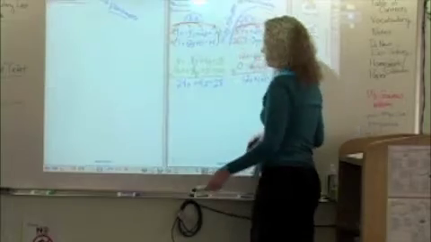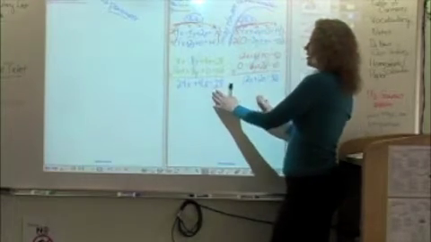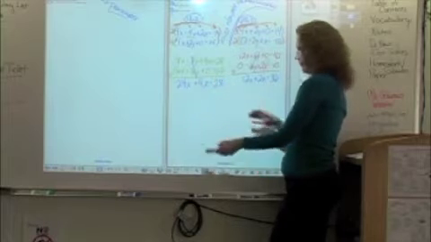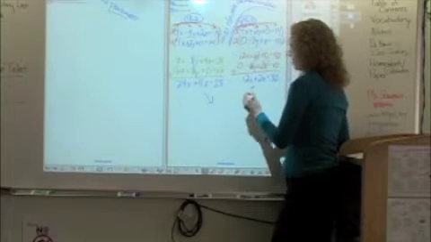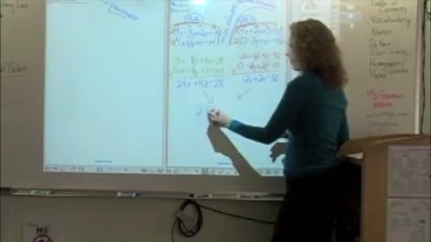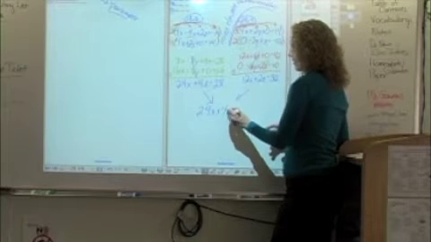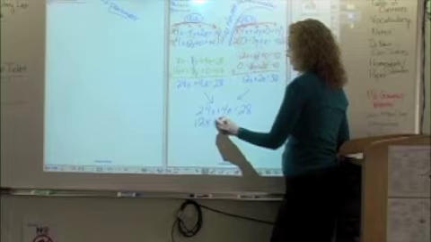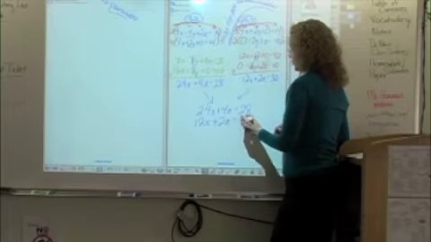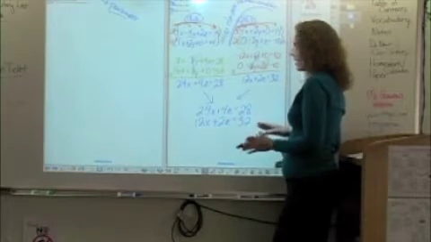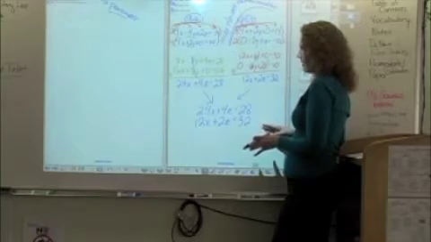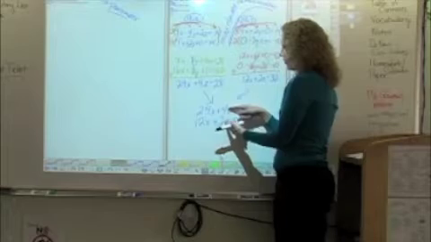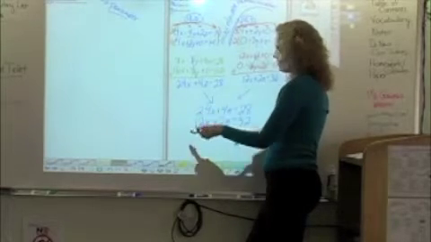Now that I have these completed, I'm going to combine these two. So I'm going to put these two together. And I have a 24x plus 4z equals 28. 12x plus 2z equals 32. Well, I'm going to eliminate. And here, again, if you don't see it, you're going to take the 4 on the outside, the 2 on the outside.